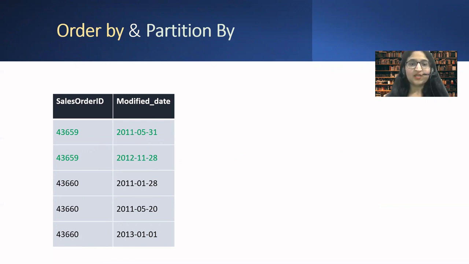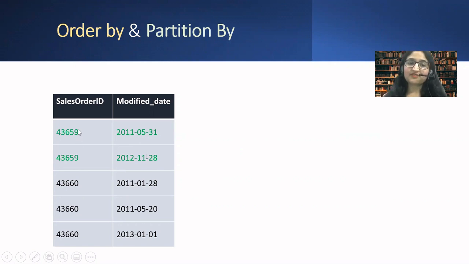For example, in this table, we are partitioning by the ID and ordering by the modified date. Partition by ID means I will be treating the same ID as one group, and within this group I would be ordering by the modified date.